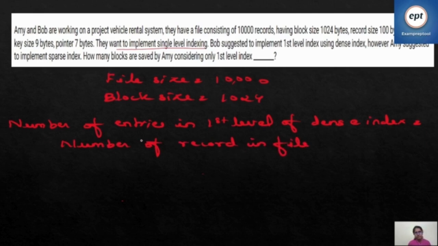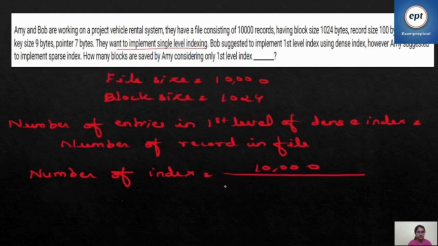Number of entries in the first level of dense indexing equals the number of records in file. So the number of index entries equals 10,000, and we divide by the block factor of the index block.